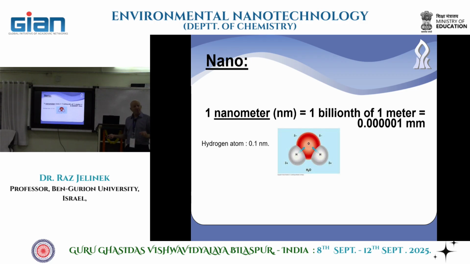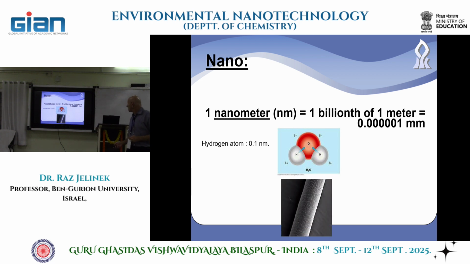For example, the smallest atom that we know, hydrogen atom, is 0.1 nanometer, 1 angstrom. So nanotechnology does not deal with atoms, it deals with larger entities, not even molecules, some aggregates of molecules.